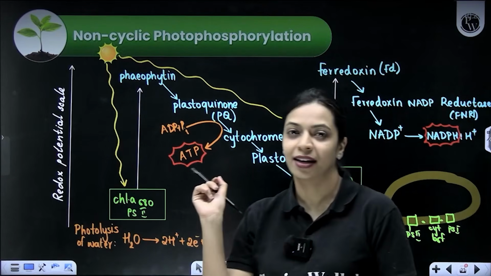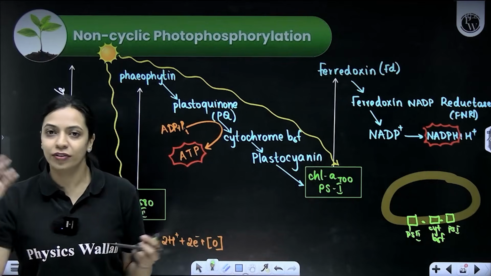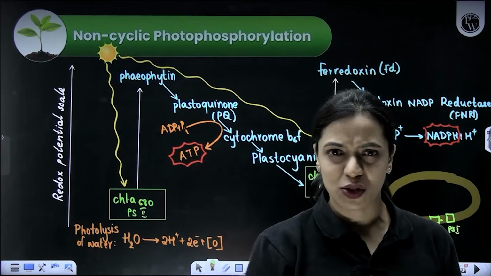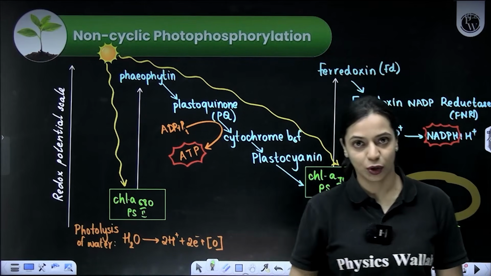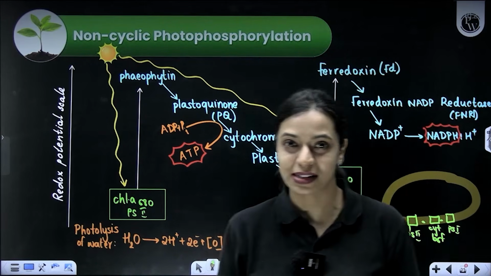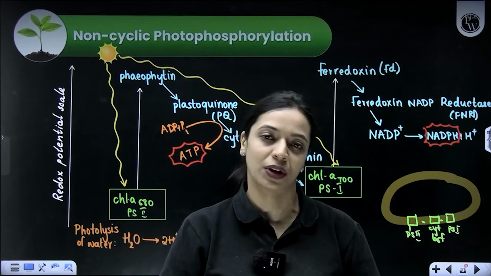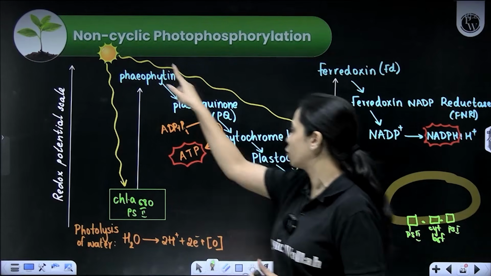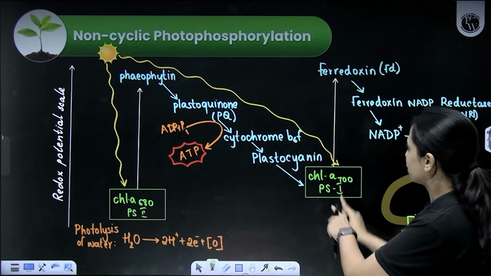Now when light hits the plant, all of the leaves are illuminated. When leaves are illuminated, all of the mesophyll cells will get light. Once the mesophyll cells get light, it will hit the chloroplast, and light will not be like, wait, first let me illuminate PS2 and then let me illuminate PS1. Simultaneously, both of them are incident with sunlight. Though we start talking about it from PS2 to PS1, it's not like until this comes here, this will not get excited.